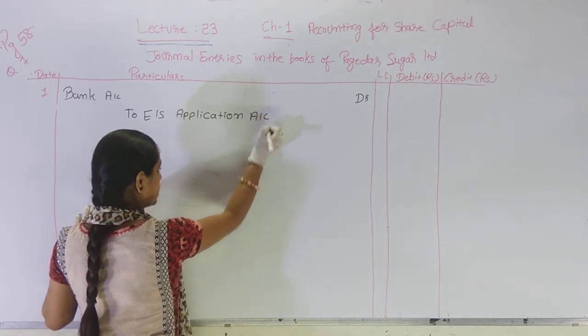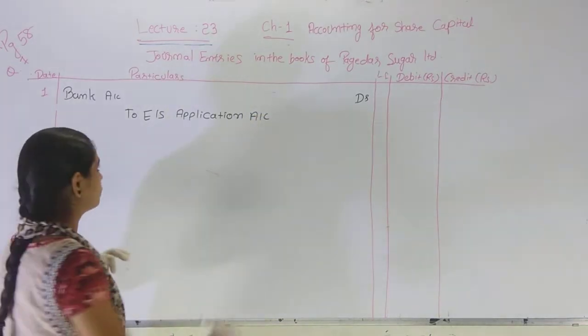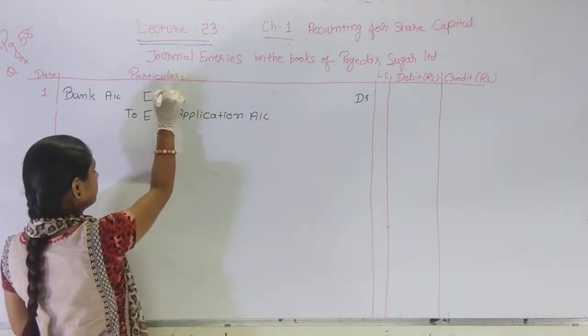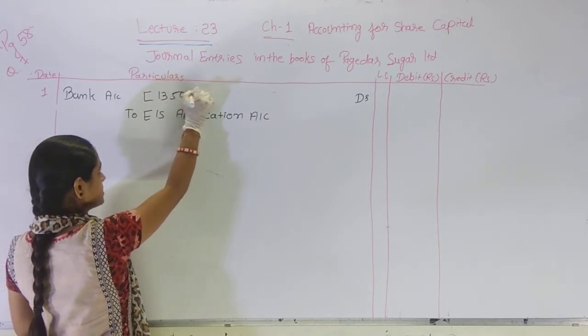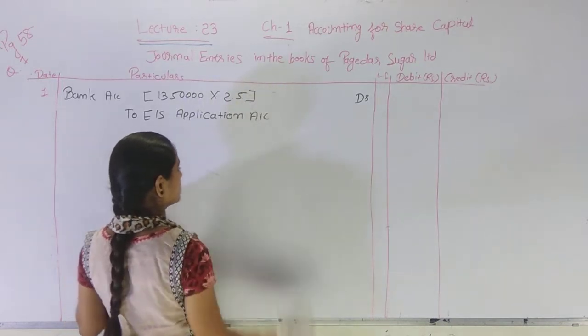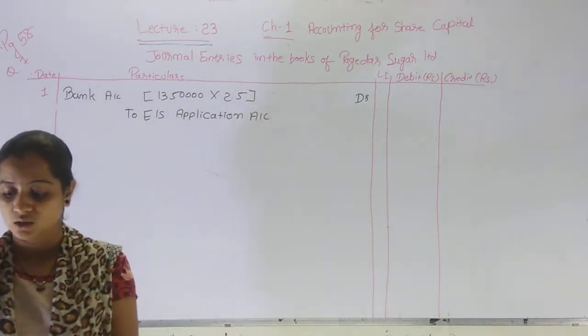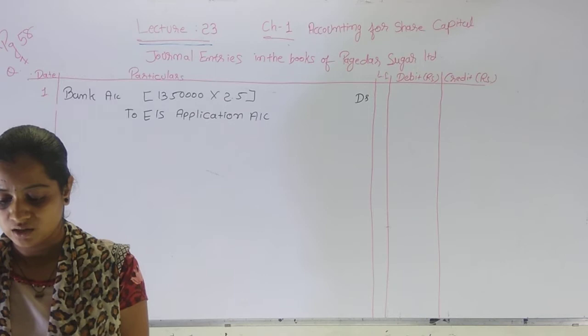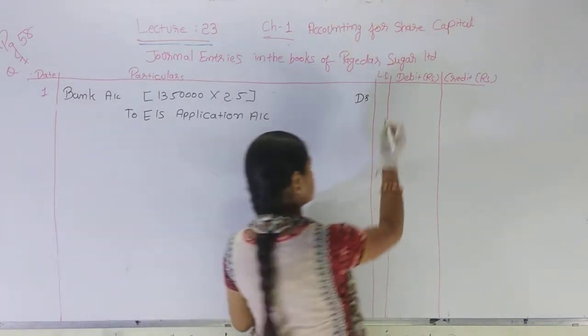Total we have received applications for 13,50,000 equity shares, and on application we have demanded 2.5 rupees. So total we are getting 33,75,000.